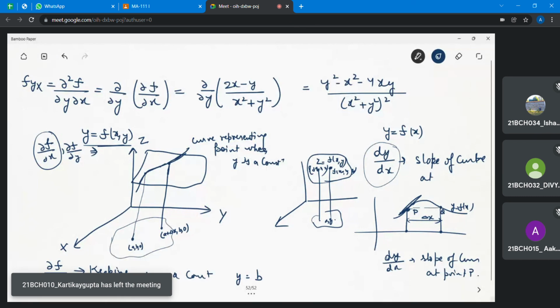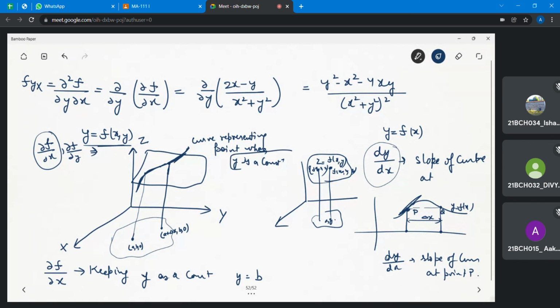Simply look: if you have a surface in 3D and you take a point on this surface, let us suppose y naught is constant, then what you will get is a curve in which all the points have y constant, corresponding to this point where b is constant. There will be many similar points.